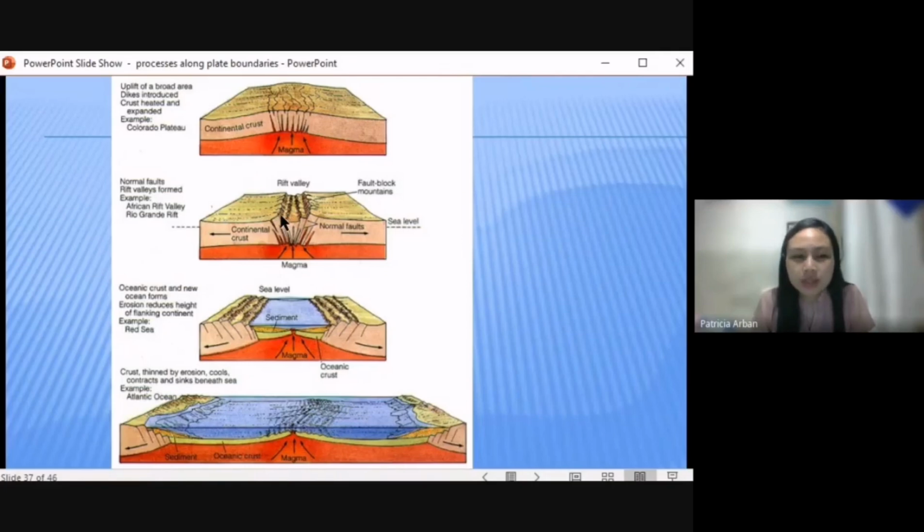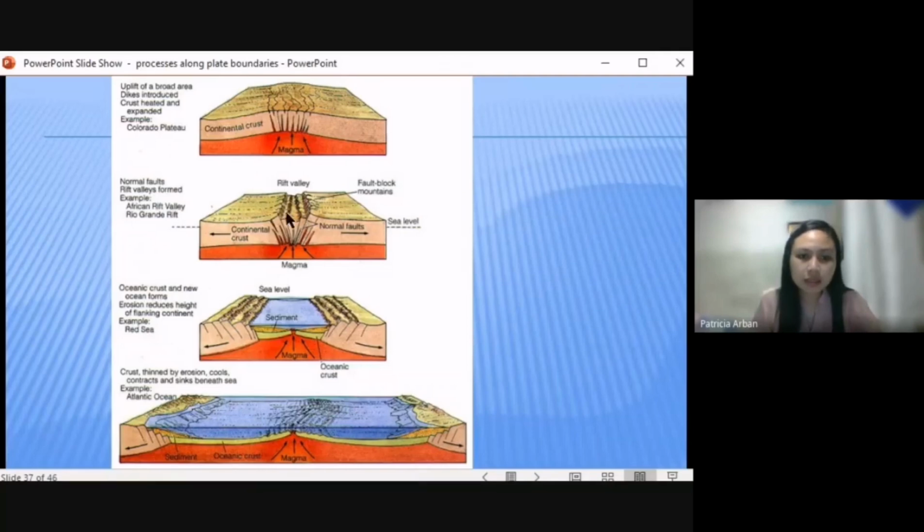Now, when these two continental plates have that gap, it is called Rift Valley. Okay? Rift Valley. Walang Rift Valley sa convergent plate boundary, kung matatandaan nyo. Wala tayong nabanggit doon. Ang meron lang na Rift Valley is divergent plate boundary.